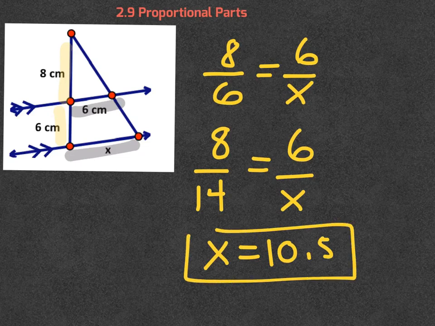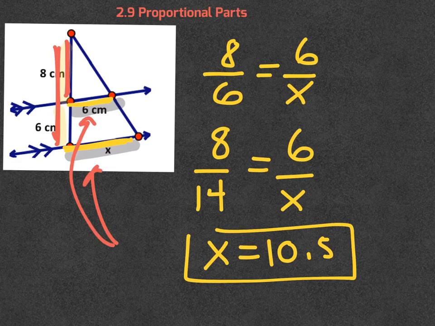Now, again, why does it have to be done this way? Because this is a full-length side, this is a full-length side. So I must use 8, that's a full-length side, and 14, that is a full-length side, when solving for these parts that are not proportional pieces. Beware, friends.